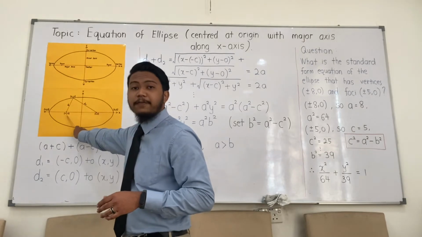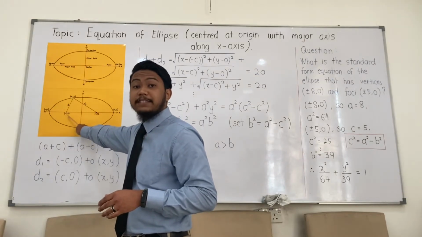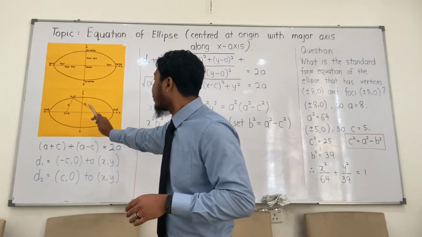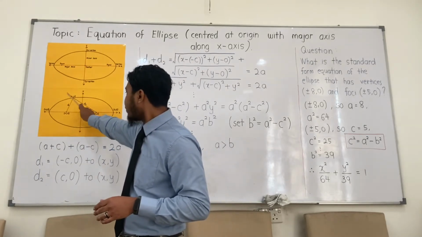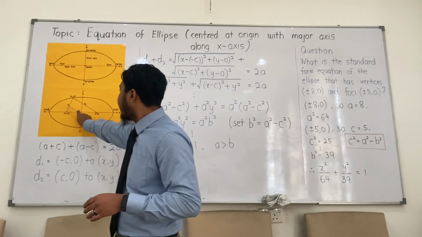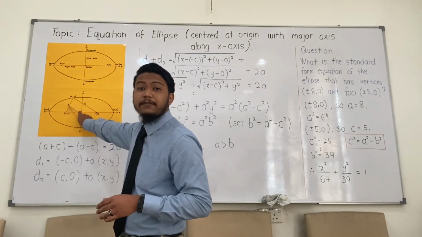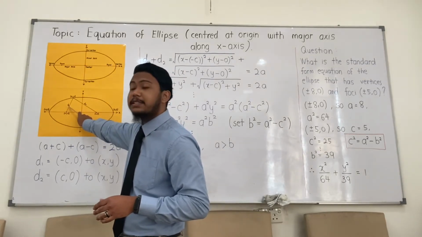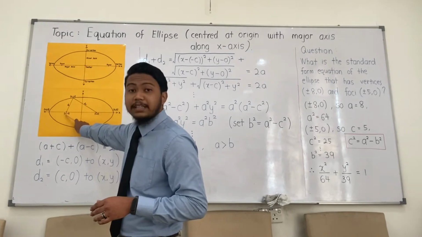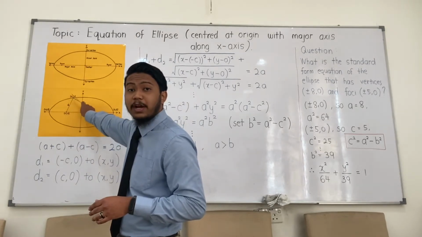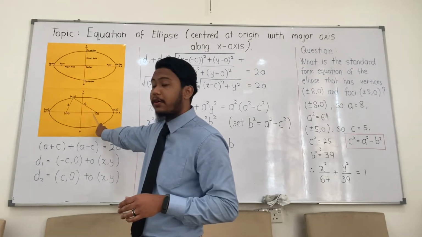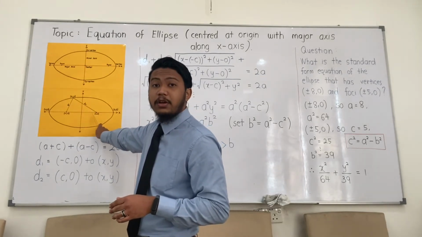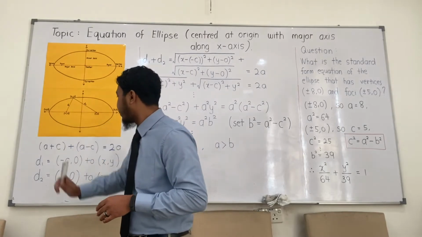On the left, the coordinate is (negative c, 0). So here the point (x, y). d1 refers to the distance between coordinate (negative c, 0) to (x, y). d2 refers to the coordinate (c, 0) to point (x, y).